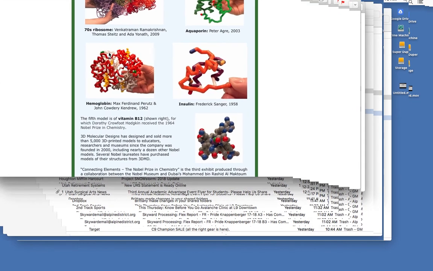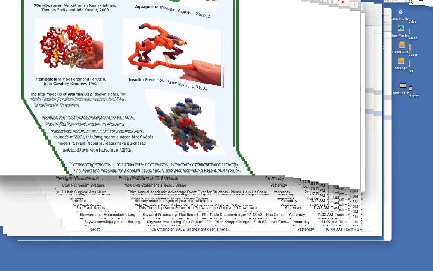Like this is insulin. This is what insulin looks like. This is hemoglobin, the stuff that makes your blood cells red. By the way, you guys know why your blood cells are red, right? Because in the middle of this molecule, and I looked for it but couldn't find it, there's an iron atom. And that iron atom is actually the thing inside that cleft that causes hemoglobin to grab onto oxygen and transport it.